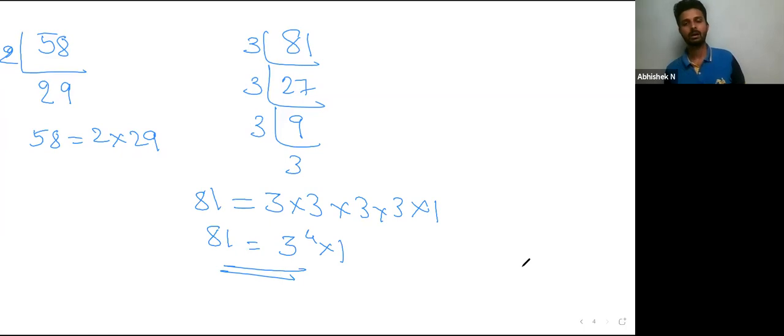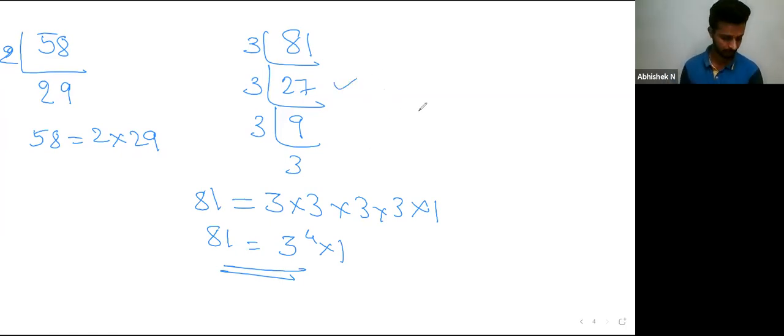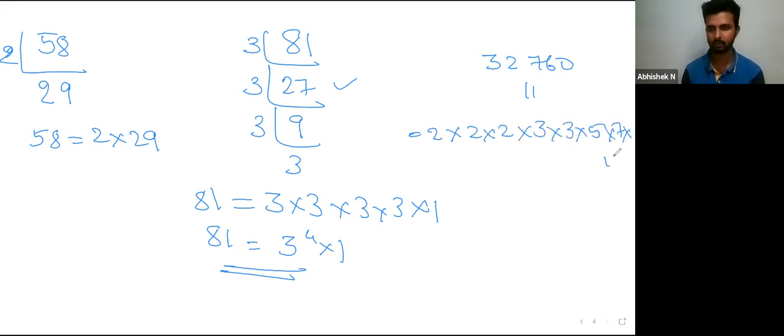So if we have a large number, we can follow the same method. For example, if you want to factorize 32760, this can be written as 2 into 2 into 2 into 3 into 3 into 5 into 7 into 13.